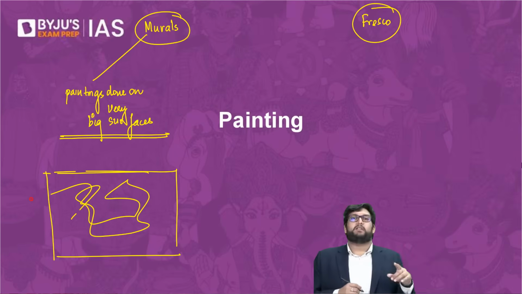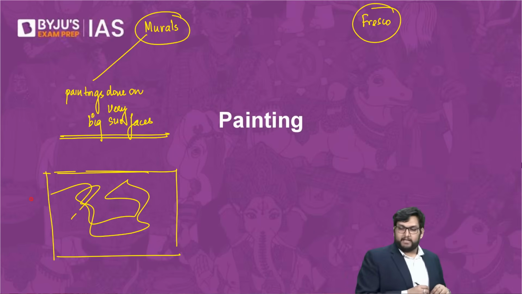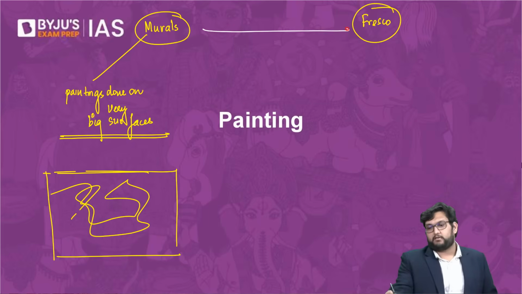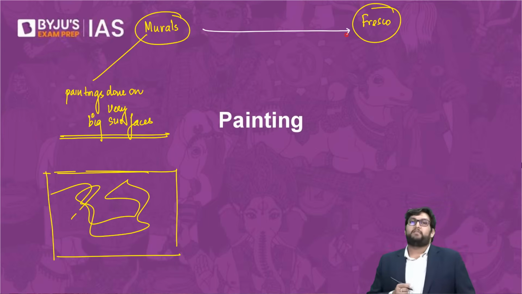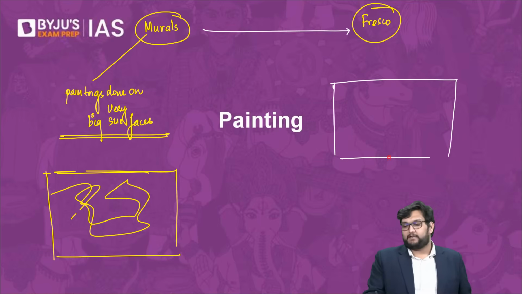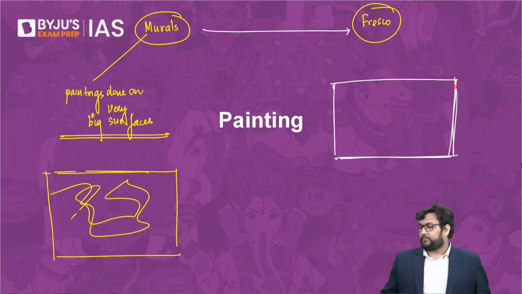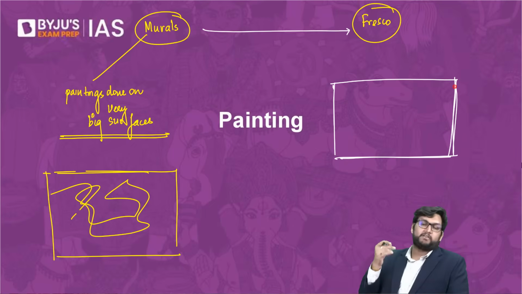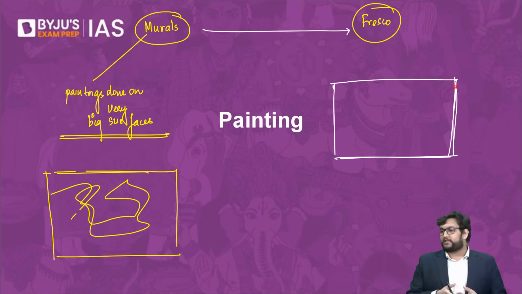But within a mural, there is a subtype, and that subtype is called fresco. Fresco is a specific type of mural in which the wall has been plastered, and the plaster, the cement, whatever you want to call it, is still wet because of the water content.